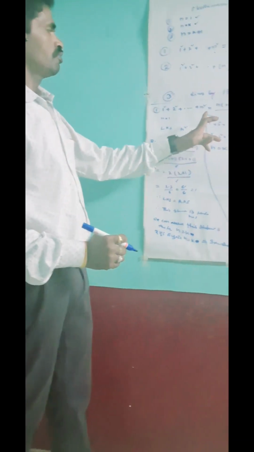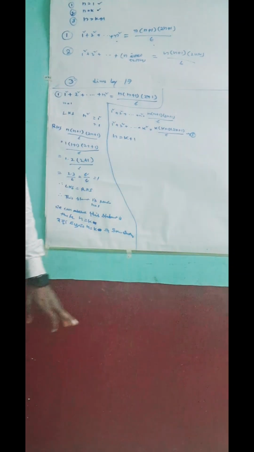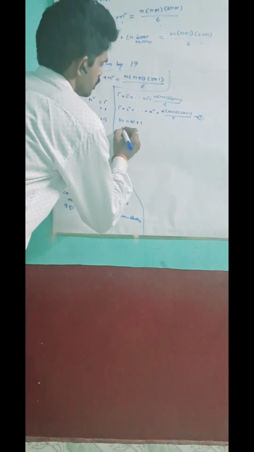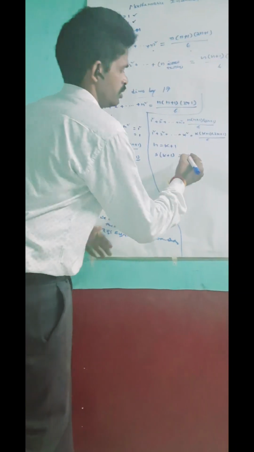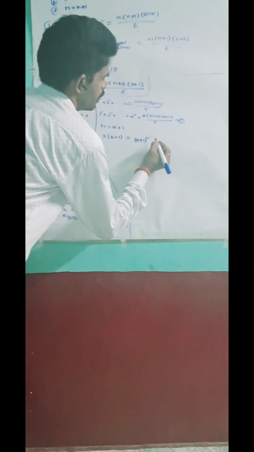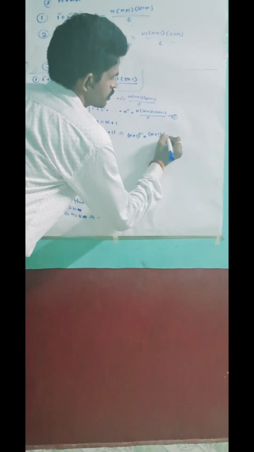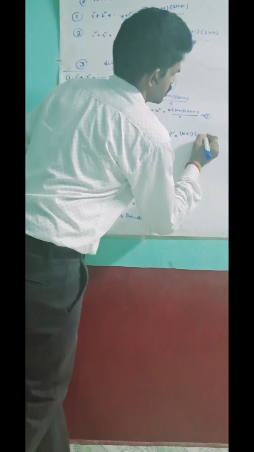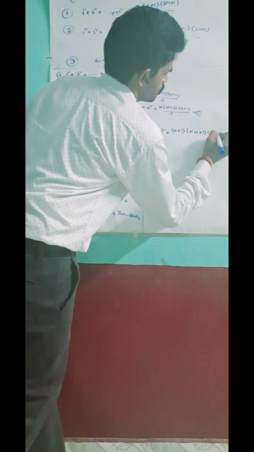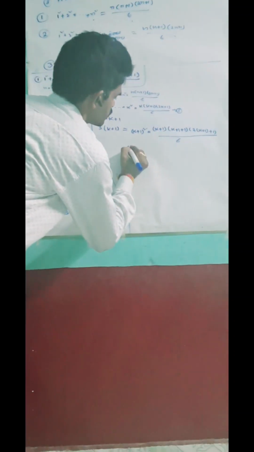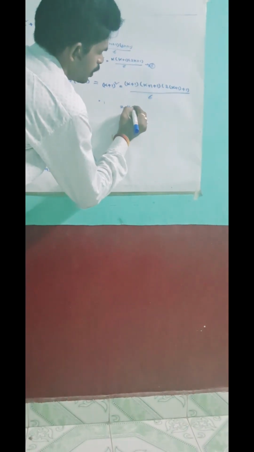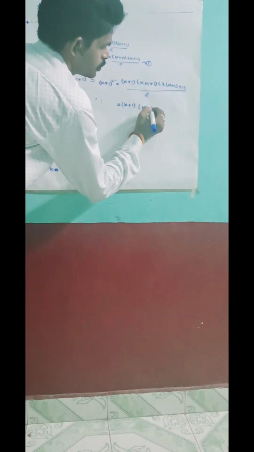We can prove that S of k plus 1: k plus 1 whole square is equal to k plus 1 into k plus 1 plus 1 into 2 into k plus 1 plus 1 whole by 6.